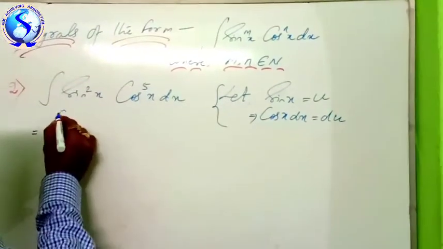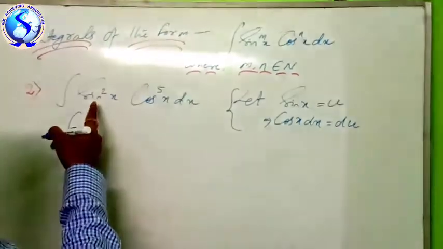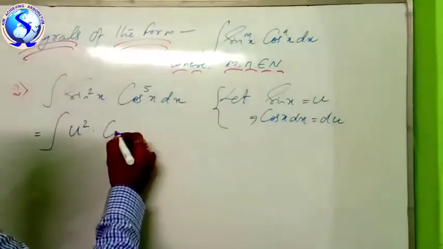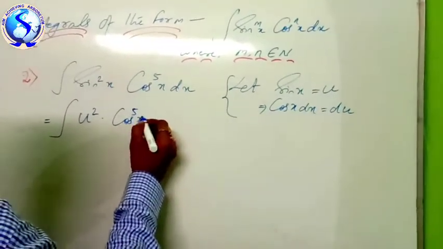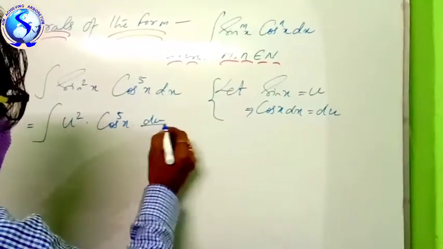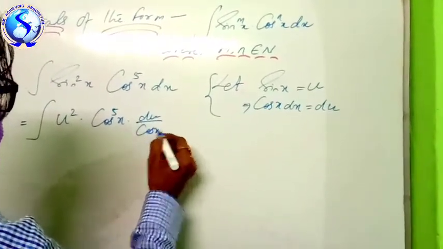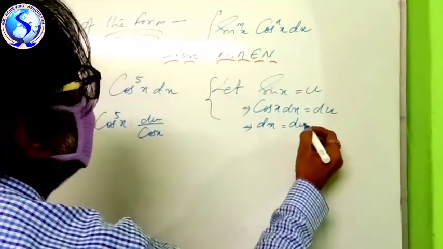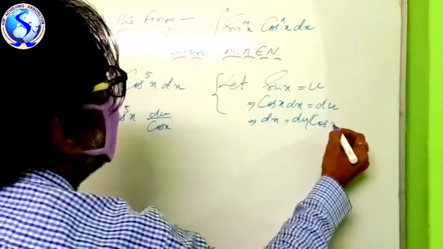Okay. Now put here sin x as u, so this will be u square. Now this is cos to the power 5 x, and dx will be how much? dx will be du by cos x. See here, what is the value of dx? That is du by cos x.